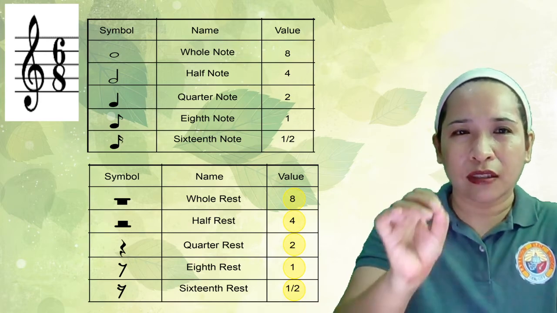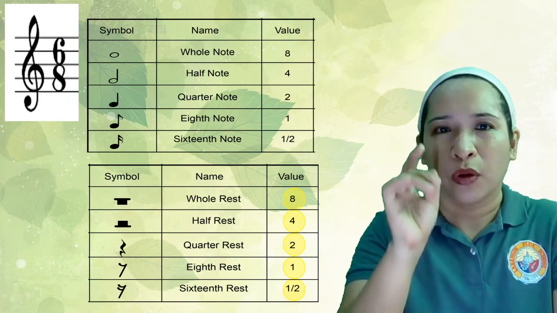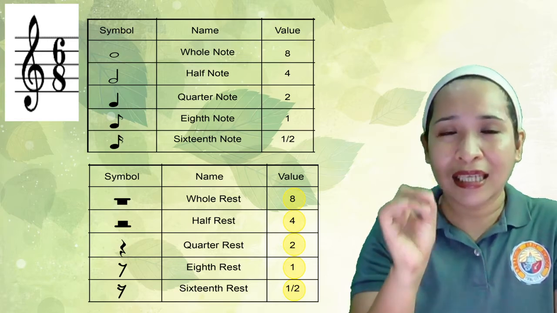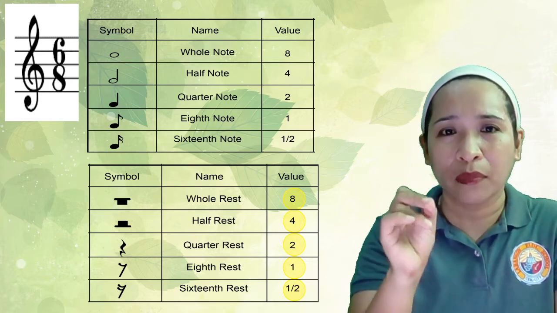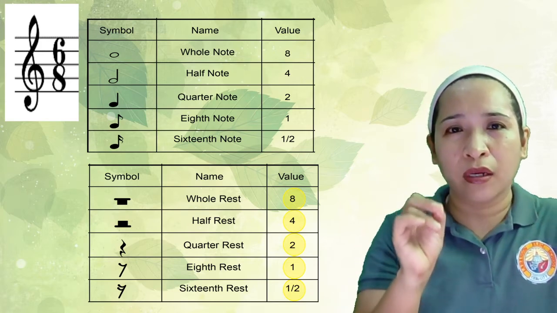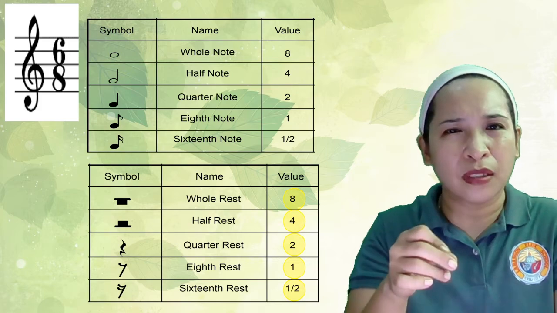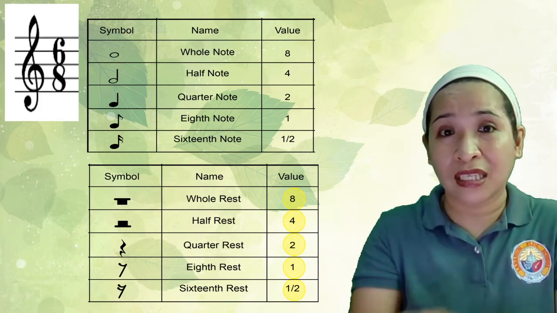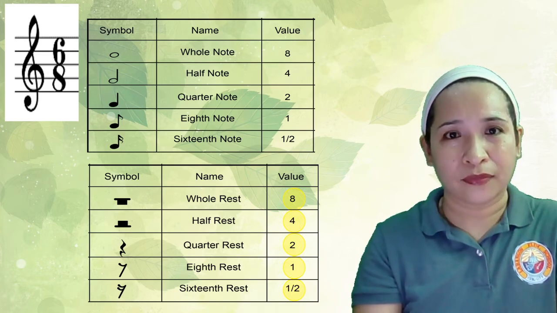This is only true if the lower number is 8. Again, if the lower number is 8, then the 8 there doesn't mean just number 8 or 8 beats. It says that an eighth note will receive 1 beat.